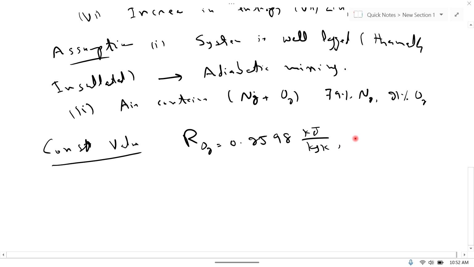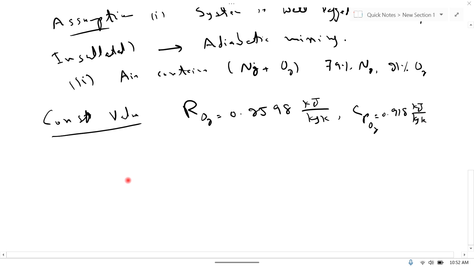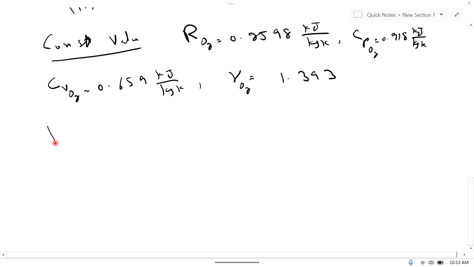Similarly, the Cp value for oxygen is 0.918 kilojoule per kilogram per Kelvin, the Cv value for oxygen is 0.659 kilojoule per kilogram per Kelvin, and the value of gamma for oxygen is 1.393.